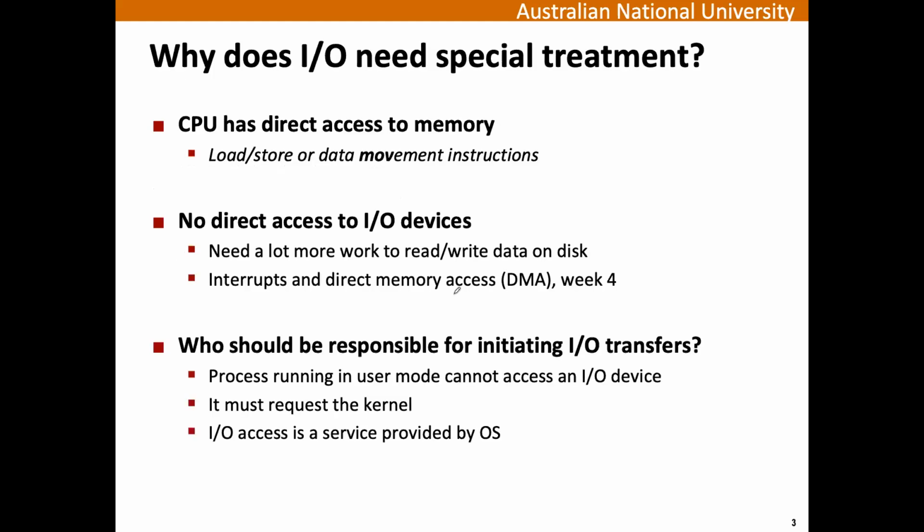Now, why is input-output different from memory? We discussed in week 4 that the CPU has direct access to memory, so the programmer can use load, store, or data movement instructions to manipulate whatever is present at specific locations in memory.